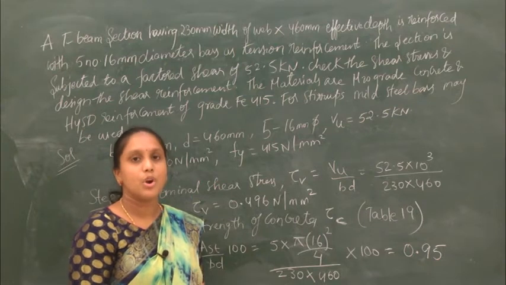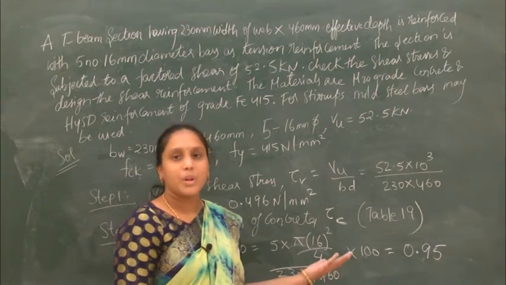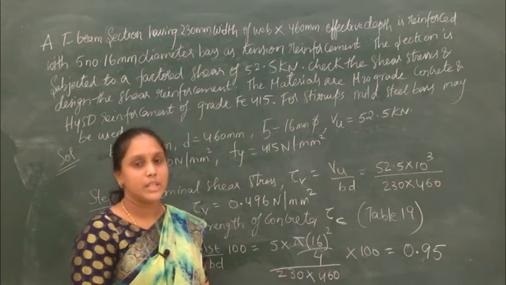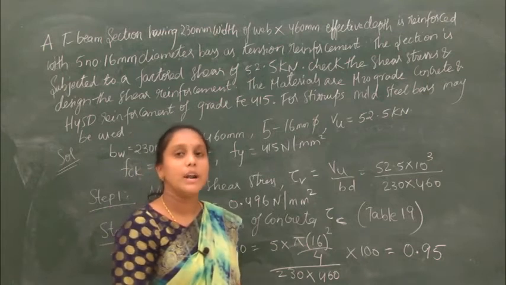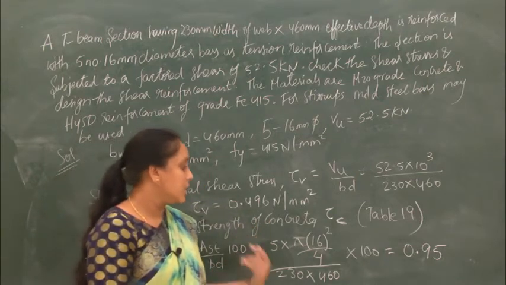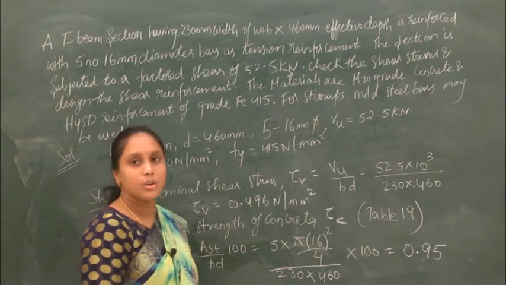If the value is not available, then you have to interpolate: take the previous and the next values of this particular percentage of steel, interpolate, and from that you will get the value of tau c. And that is nothing but the shear strength of the concrete.